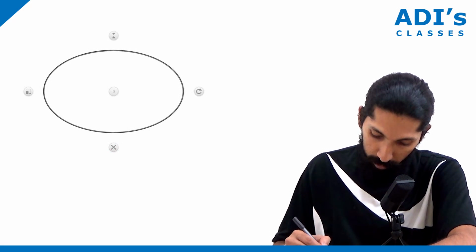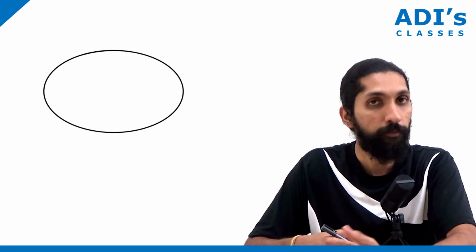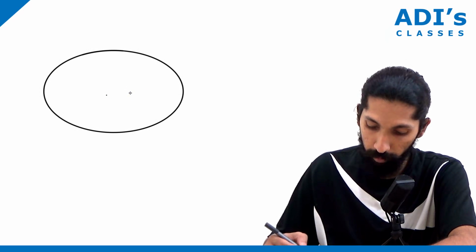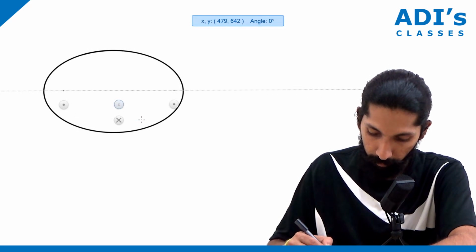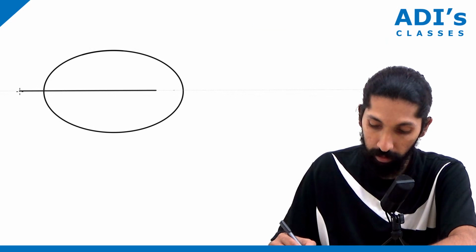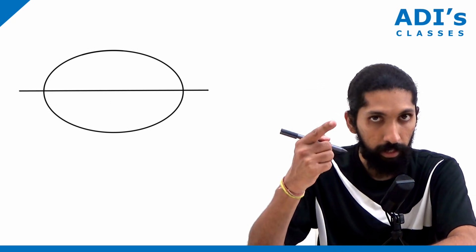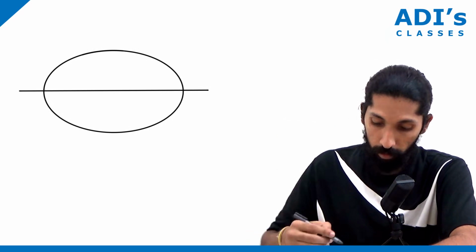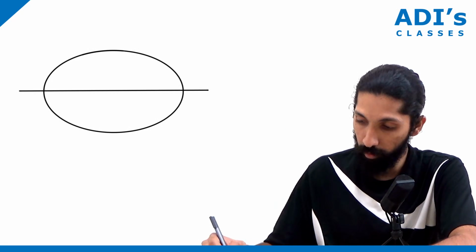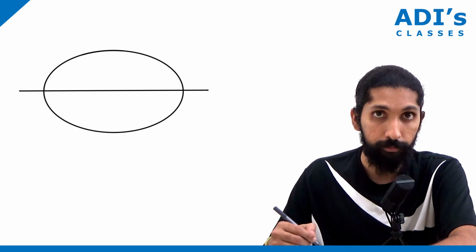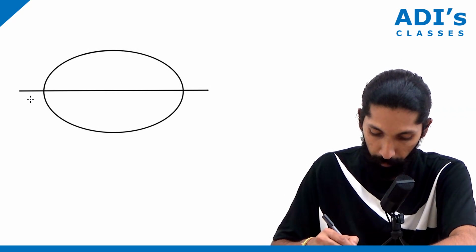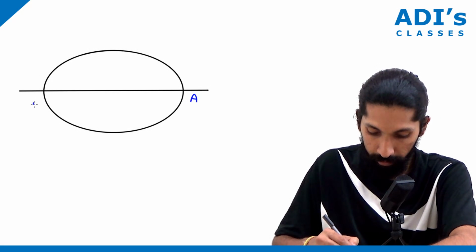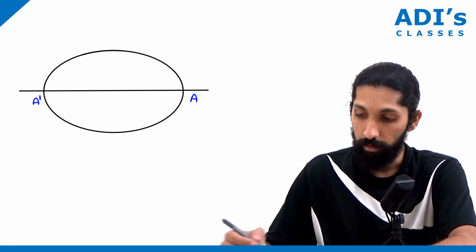Now, every figure is placed on the x and y axes, correct? First we'll place the x axis here. The x axis is placed in such a way that it divides the ellipse into two equal areas, as you can see in the figure. So we'll name the points here. Let's call this A, and let's call this A dash. Fair enough.